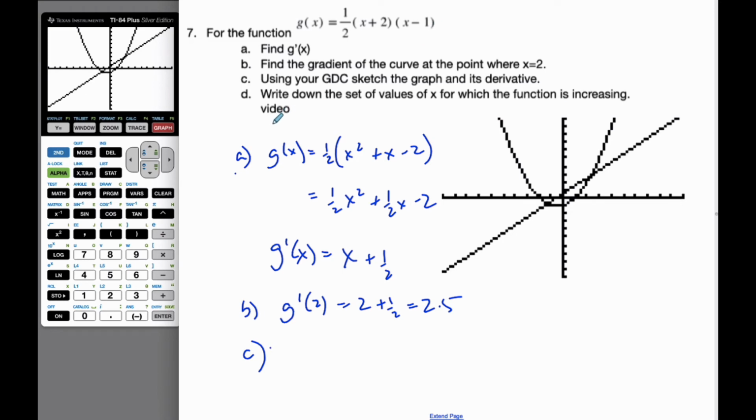Now, D says write down the set of values for which g of x is increasing. Well, what we can see here at this point is when the derivative is 0. That means it is a horizontal tangent line. That is when a function typically could change from increasing to decreasing or decreasing to increasing.